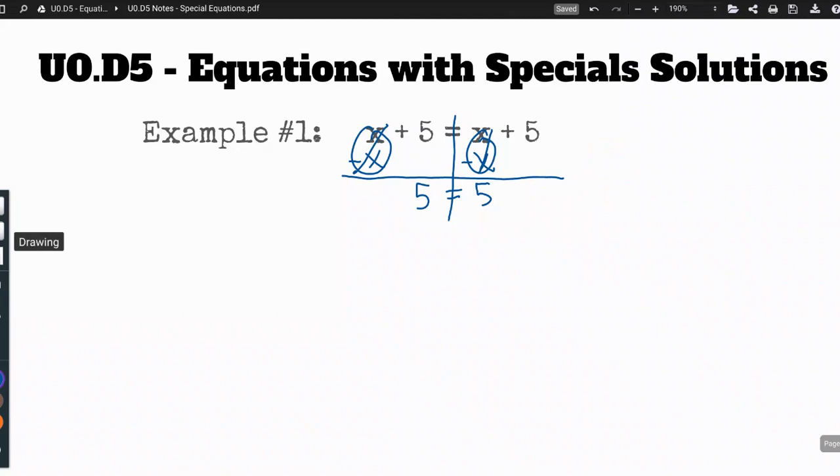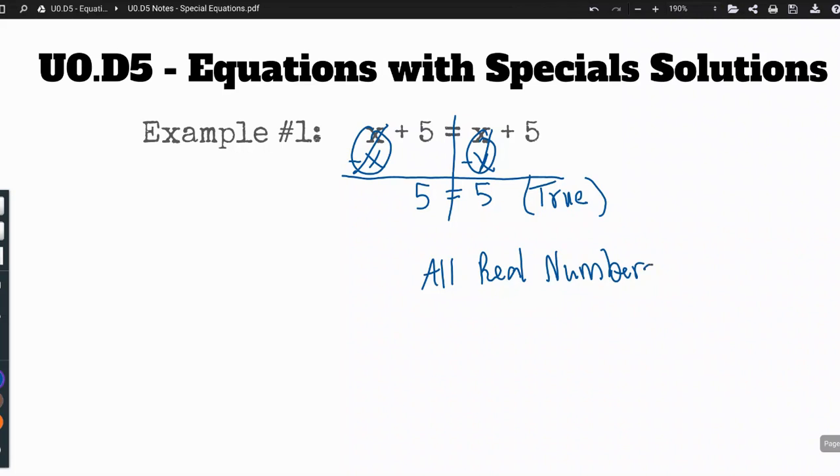And in this case, when we get 5 equals 5, that will be true. So any value for x will make an equation true like this. So the way that we answer it is we say all real numbers, which represents that all real numbers or any real number is a solution.